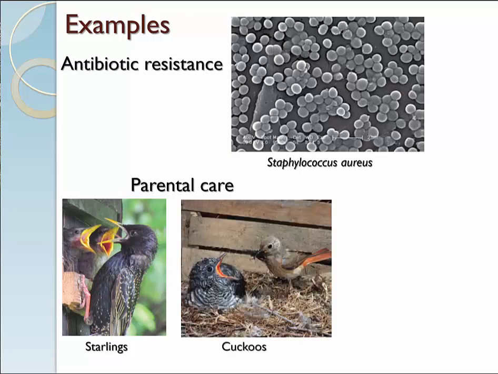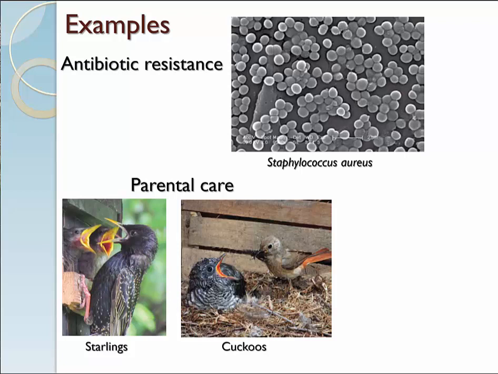And then kind of the opposite is with cuckoo birds, and also cowbirds. What the cowbirds or the cuckoos do is lay an egg in the nest of another bird, a different species, and then they just abandon the egg. And then the egg is taken care of by the unwitting foster parents. And when the chicks hatch, they tend to be bigger than the other chicks.